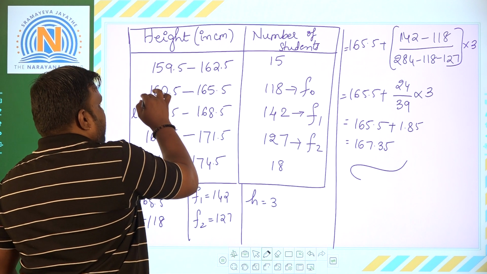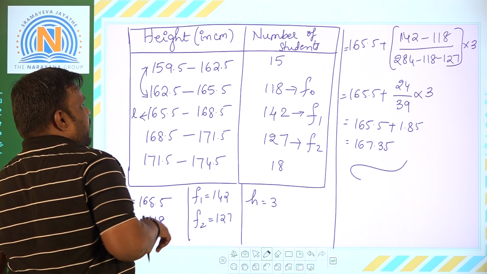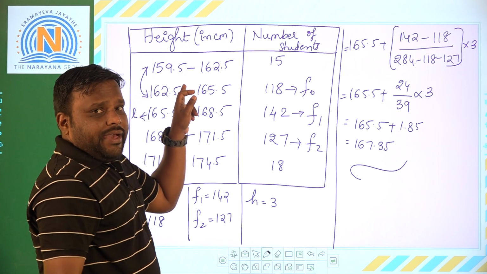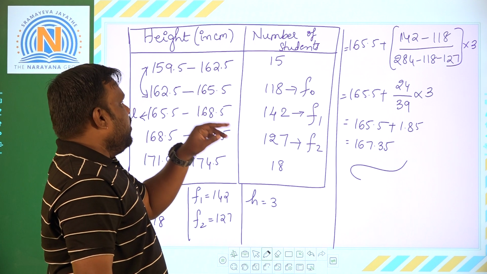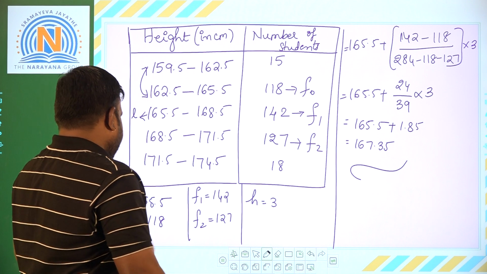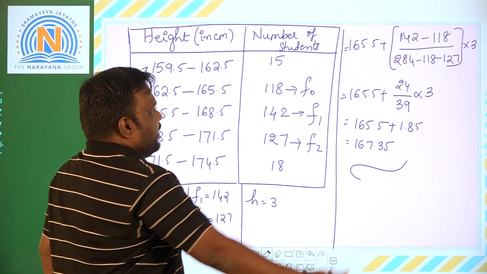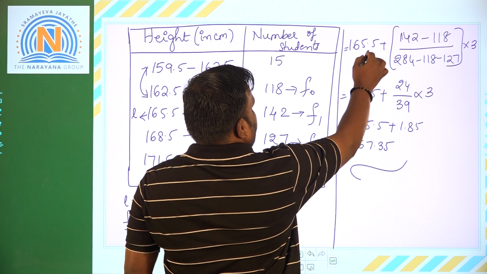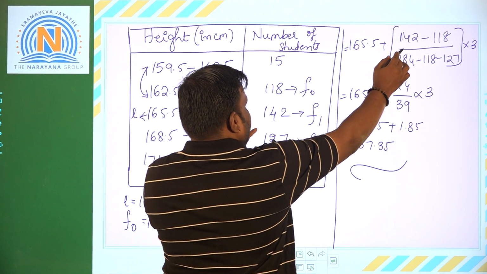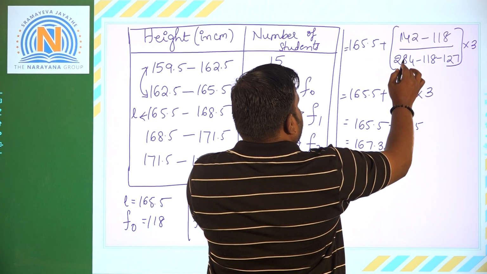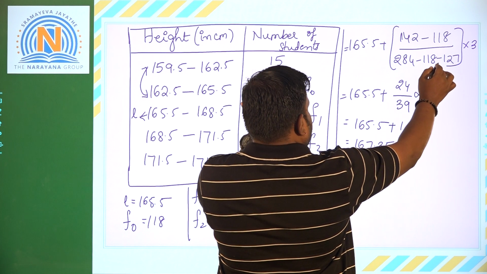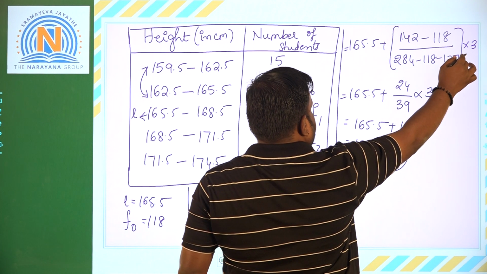And here, the difference of the two successive lower limits or the two successive upper boundaries is 162.5 minus 159.5, that is 3, or 165.5 minus 162.5, obviously it is also 3. So H will be equal to 3. Now substitute in the formula: 165.5, that is L, plus (F1 142 minus F0 118) by (2F1, so 2 into 142, that is 284, minus F0 118, minus F2 127) into H, which is 3.